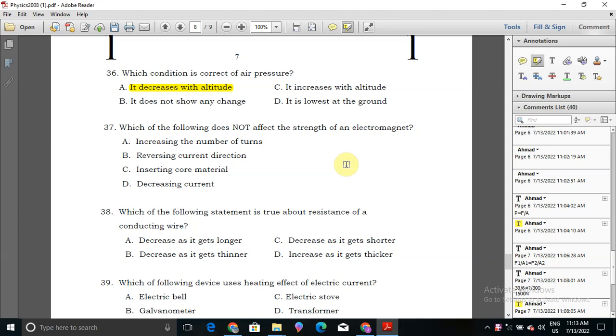First of all, increasing the number of turns, inserting core material, and decreasing current all affect the strength of an electromagnet, but the one which is different from the others, and does not affect the strength of an electromagnet, is reversing current direction. So the correct answer, which is not an effect, is choice B.